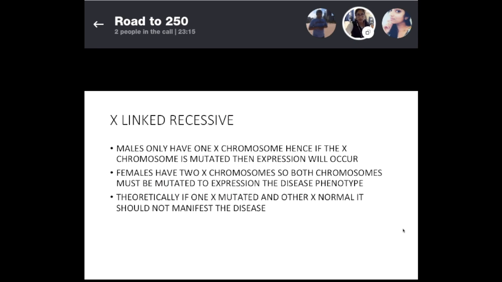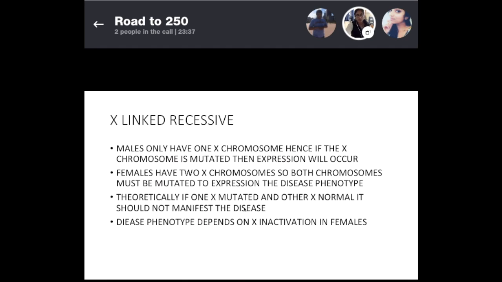And so theoretically, if one X is mutated and the other X is normal, it's not going to manifest the disease. Because as we said, if the offspring is a female, so XX, both have to be affected in order for them to show the disease.